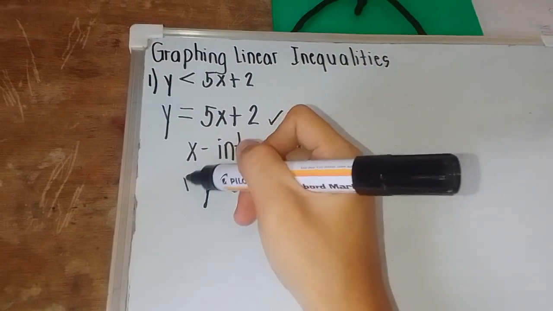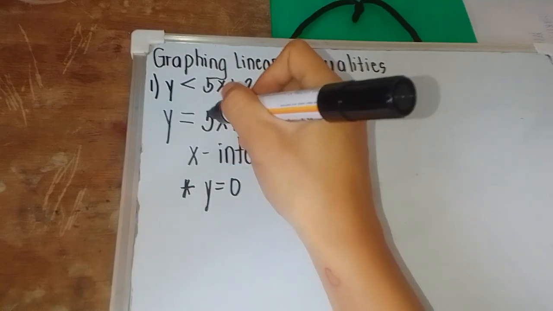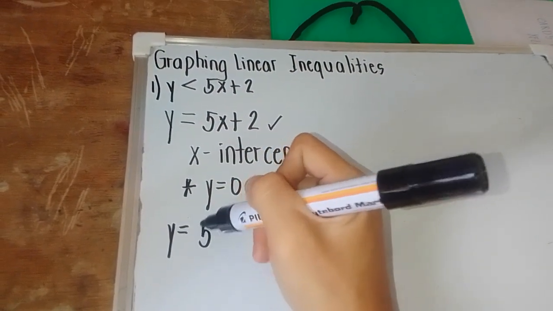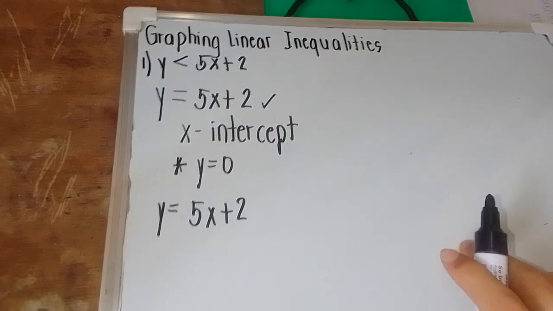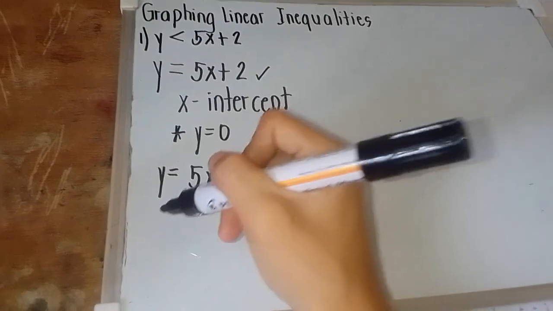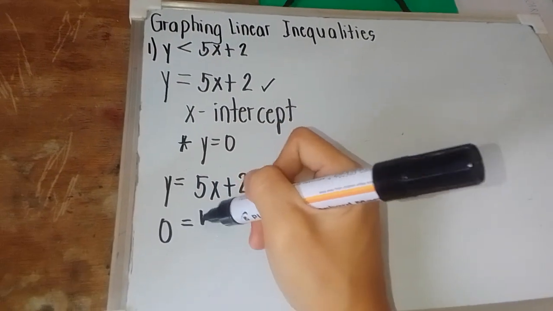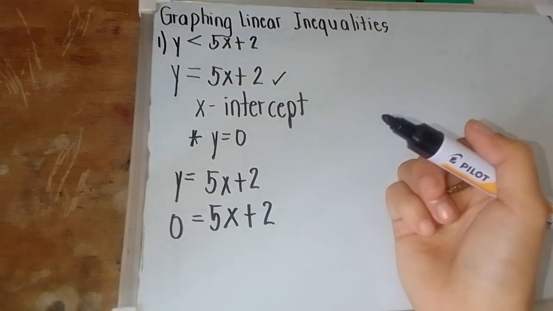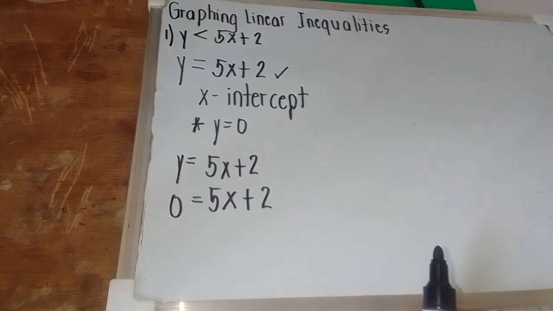We are going to substitute y with 0. Using this equation, we have y equals 5x plus 2. Substitute the variable y with 0. We have 0 equals 5x plus 2. Now, remember that you are solving for the value of x to find the x-intercept.